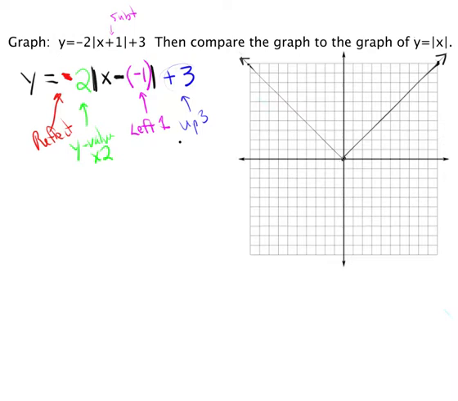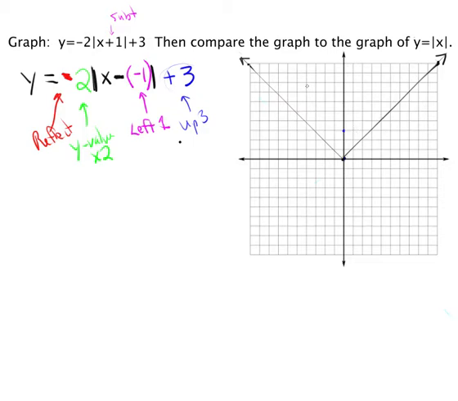So I'm going to take all of these points and we're going to go up, and I'm going to focus on that vertex because that's like the main point of the absolute value function. So I'm going to move that point up 3 units, and all of these points are going to be moved up.